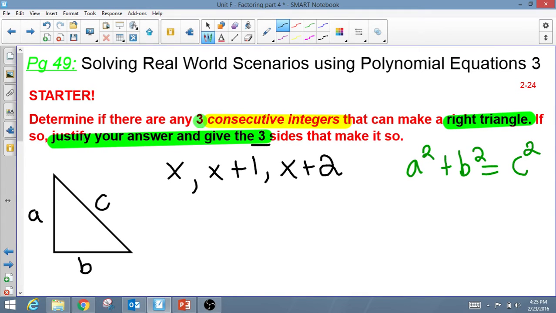The 2 legs don't matter where they go in the formula, but the hypotenuse is the longest side. So we have to choose the longest side out of our 3 numbers, which would be the last one, x plus 2. So now let's plug everything in. Let's call A, B, and C.